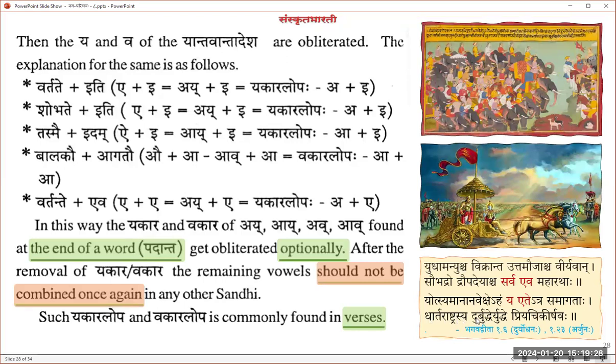So Dhartarashtrasya Durbuddhehe, one of bad mind, Yuddhe, in the war, Priyachikirshavaha, those who are desirous to make him happy. Chikirshati, desires to make another person happy. So Priyachikirshavaha, those who are desirous of making Duryodhana happy. Yotsyamanaha, those who are desirous of warring.